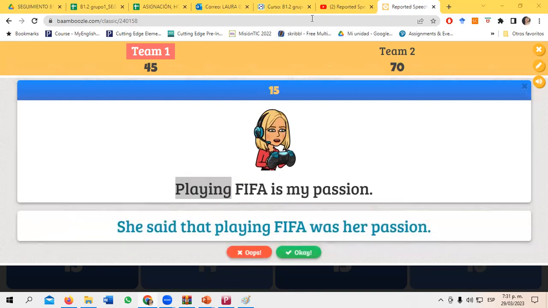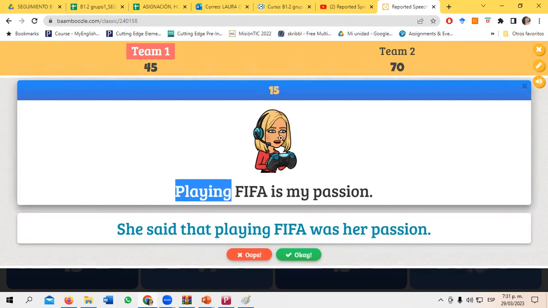Do you understand, guys, why this remains the same? ¿Eso entienden por qué queda igual? ¿Por qué no hacemos ningún cambio en este? Yes, teacher. Porque es como algo que hace siempre, ¿no? Como jugar. Aquí el sujeto de la oración sería ese verbo.